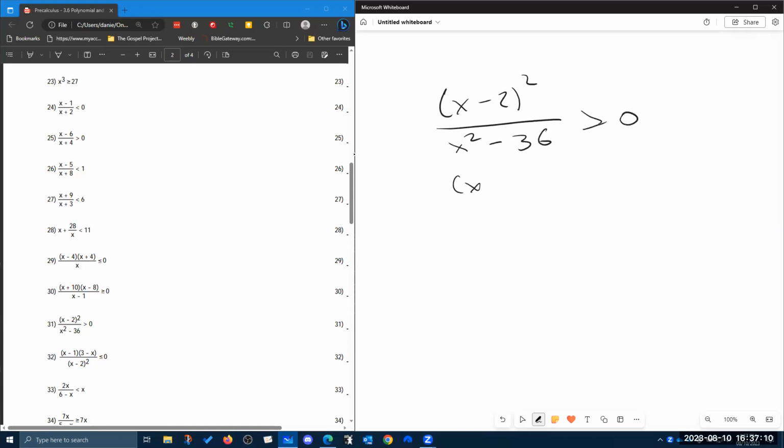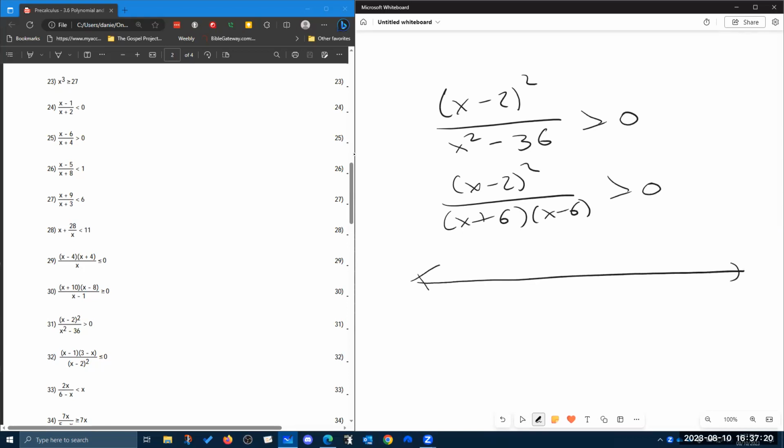So that's x minus 2 quantity squared, over x plus 6 times x minus 6, greater than 0. We're definitely going to have the function undefined at negative 6 and 6. And we're not going to be allowed to have the function equal to 2 either because it's not allowed to be equal to 0.